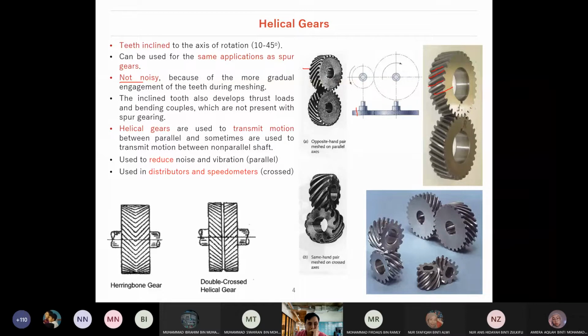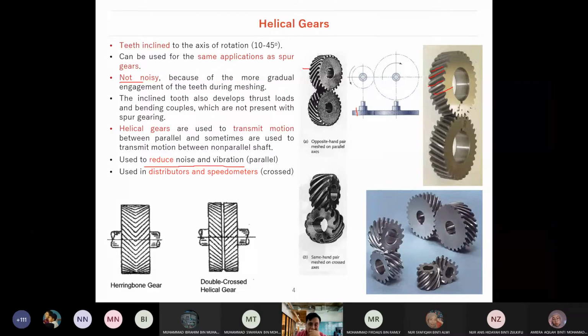So it is used to reduce noise and vibration, as I said earlier, because the contact point is very small compared to the spur gear. So usually this kind of gear is used for high rotation speed, for example your car gearbox and motorbike gearbox. This is the common application.